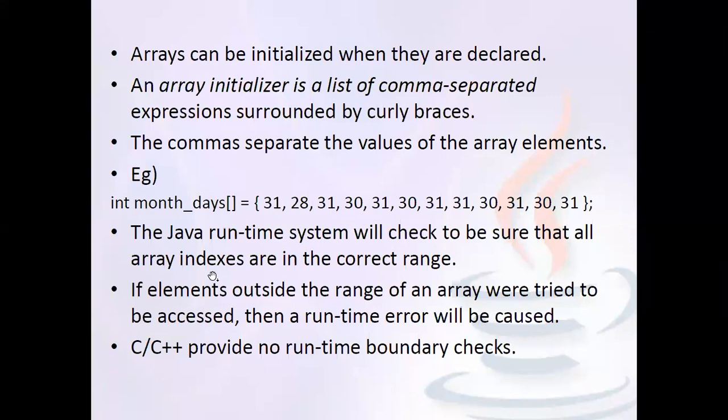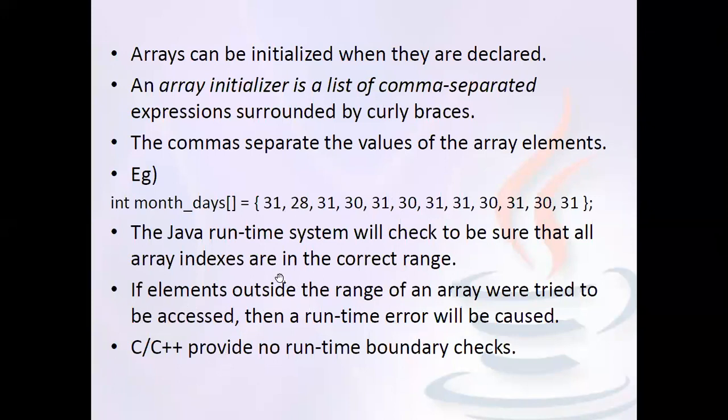The Java runtime system will check to be sure that all array indexes are in the correct range. When you write an int here, it should be within the correct range. If elements outside the range of the array are accessed, then a runtime error will be caused.